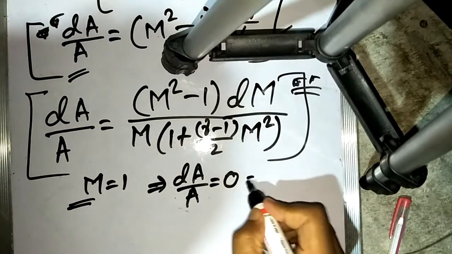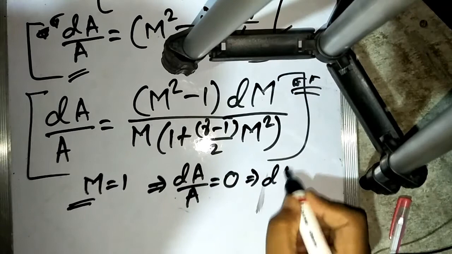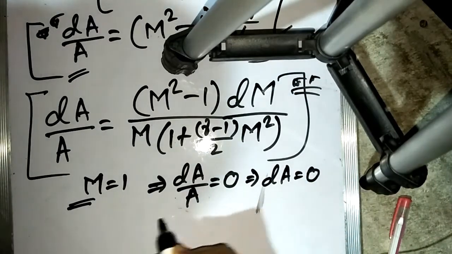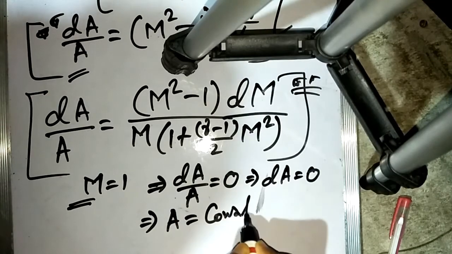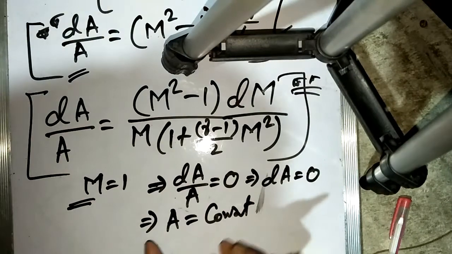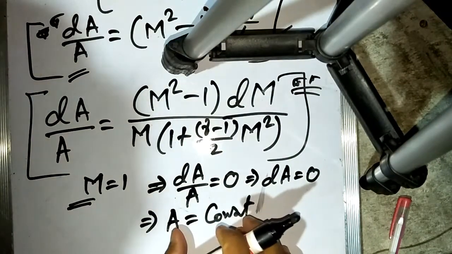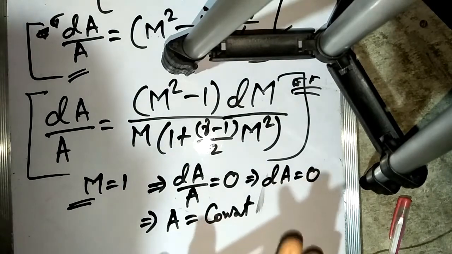So that means dA equals 0, or we can say A equals constant. So for maximum discharge the area is constant, and this occurs only at the throat and nowhere else.